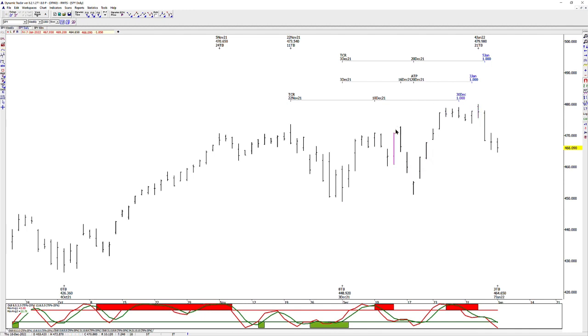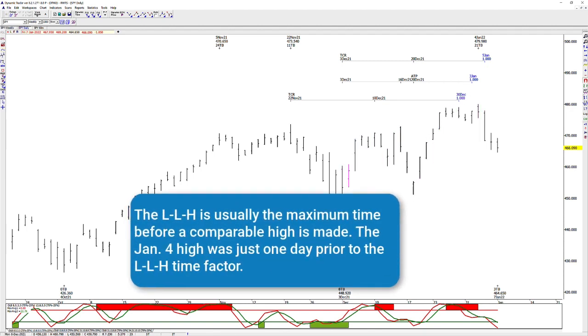The 100% alternate time projection of this last advance from the low was, looks like just a day before the high so far, and that's significant. And then just one day after this high that was made on January 4th was the low to high. So as you know, this time factor is very significant.